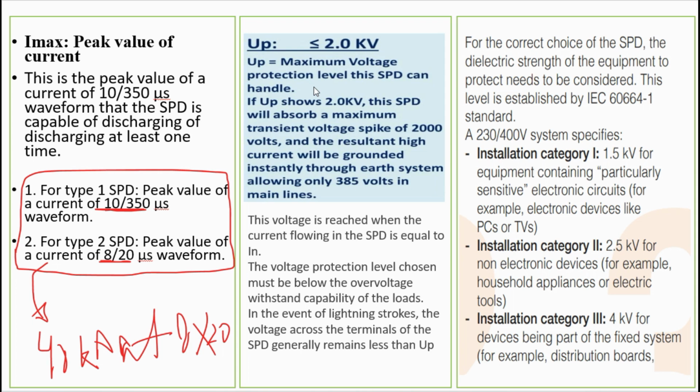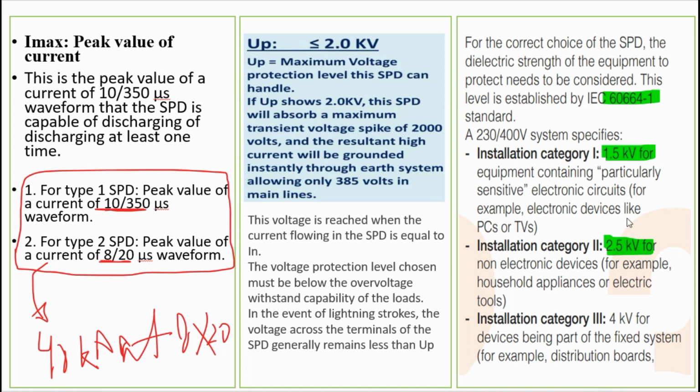So UP should be selected as per the equipment that is installed at your facility, right? The IEC standard 60664-1 states that for a 230/400 system, 1.5 kilovolt of UP is selected for electronic devices like computers, TVs, PCB boards, etc. For type 2, you have to select 2.5 kilovolt UP.